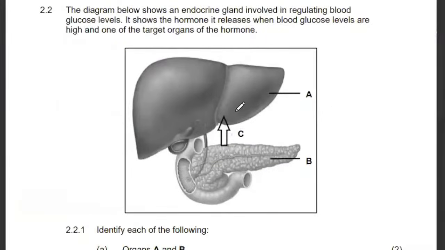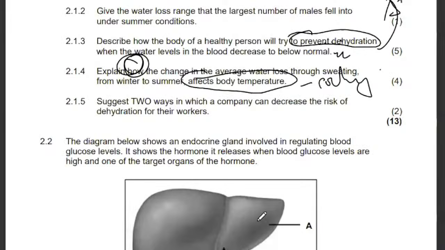So the next question is saying that the diagram below shows the endocrine gland involved in regulating blood glucose.